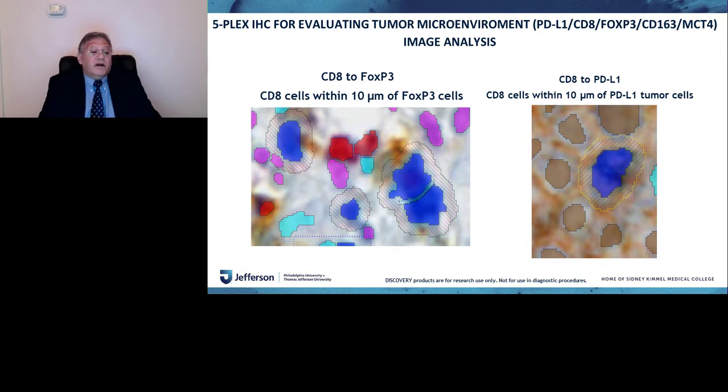So we measure the CD8 cells within 10 micrometers of FOXP3 cells, and also the CD8 cells within 10 micrometers of PD-L1 positive tumor cells. So the goal was, again, to see the interaction of the different immune cells and the interaction of PD-L1 with some of the immune cells.